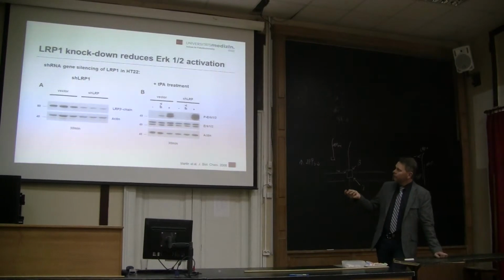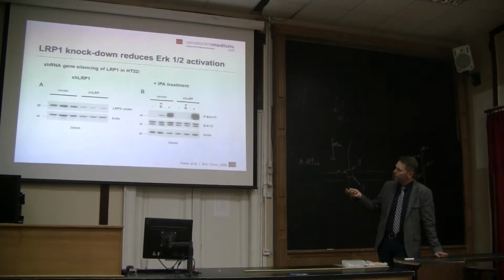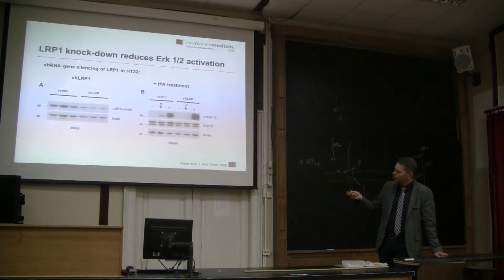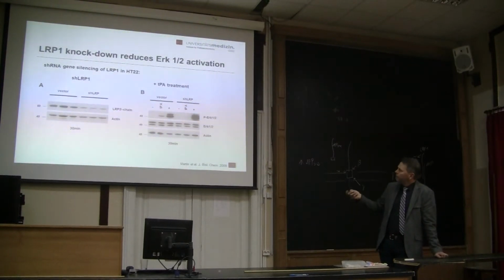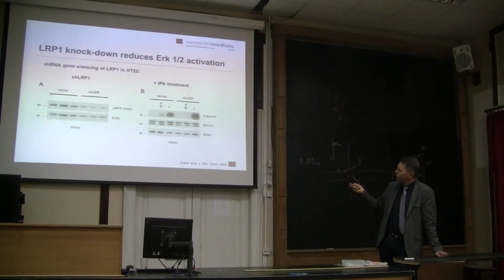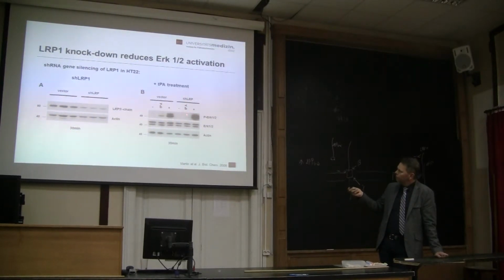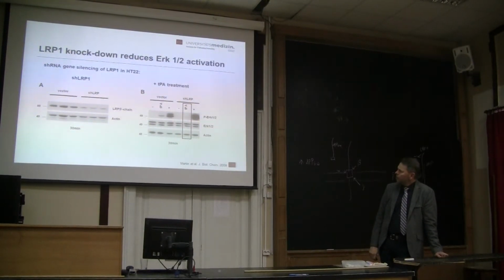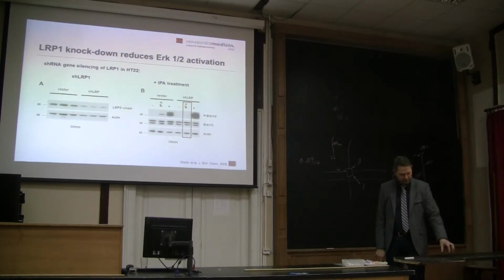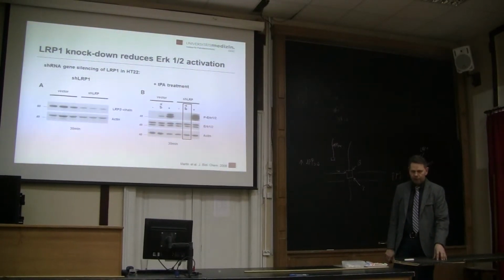But we tried, and we weren't really successful, but we were able to knock down LRP to this amount compared to vector control, so maybe a knockdown by, I don't know, 60%. But this was enough to show that when we knock down LRP, TPA has a much reduced effect on the signaling of the NMDA receptor. That was good news, meaning both were needed. We needed LRP for that effect of the NMDA receptor.